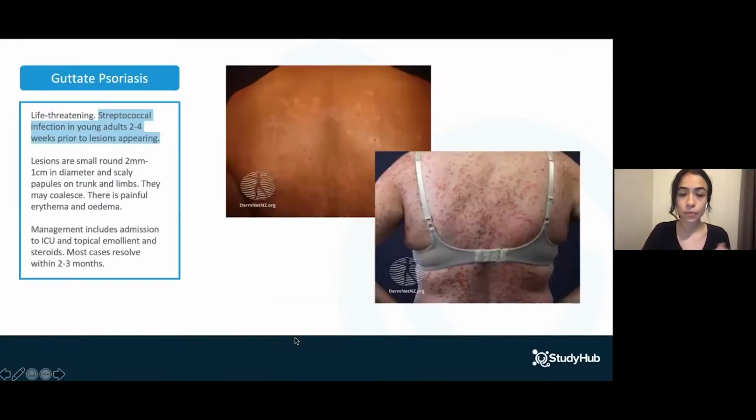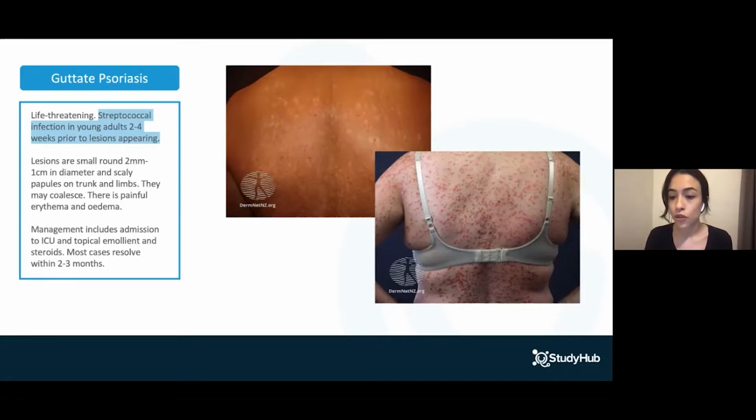So a bit about guttate psoriasis. It is very serious, so you need to admit these patients and treat them ASAP. Usually they need some ICU admission, and you treat it with emollients and steroids. Most cases resolve after a few months. It happens following a streptococcal infection, so typically an upper respiratory tract infection, flu, cough, that sort of thing in a young adult.